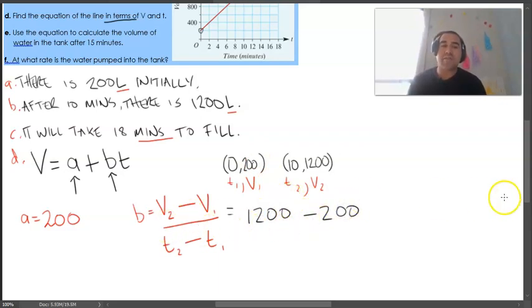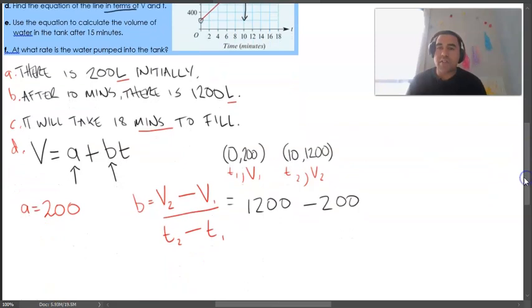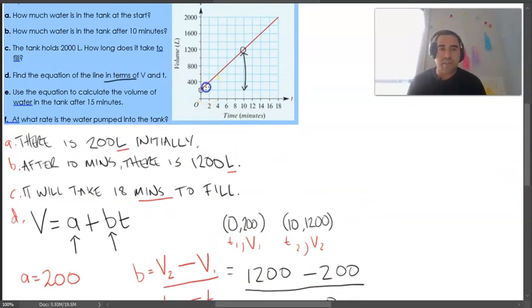So the difference within the volume, so we're looking at that difference here. How much does it differ by from bottom to top? And over T2 minus T1, so our T2 is 10 minus T1, which is 0. In other words, what is the difference in time frame from here to here? Of course, it's going to be 10 minutes. From 0 to 10 takes 10 minutes.